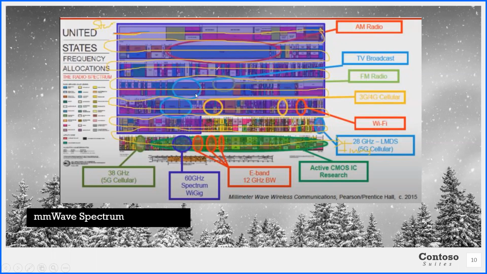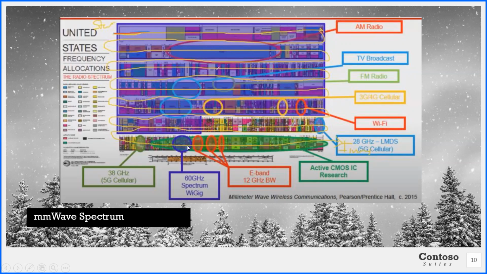Since it's very high on the spectrum, it's located down here near the millimeter wave spectrum. For lower networks such as the AM radio, it falls quite low up here in this spectrum.